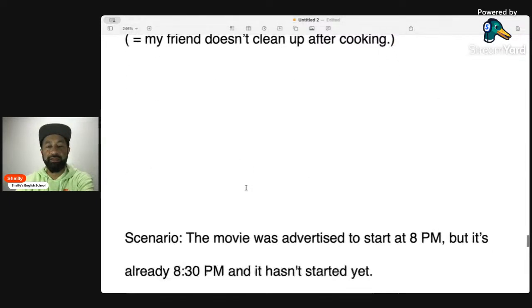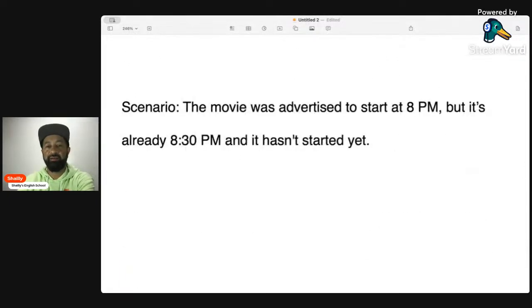Okay, let's do another one here. The movie was advertised to start at 8 p.m. So if you looked at the movie website, or the movie theater sign with the show times, or maybe you checked the newspaper, which is kind of old, the information said the movie starts at 8 p.m. But it's 8:30.